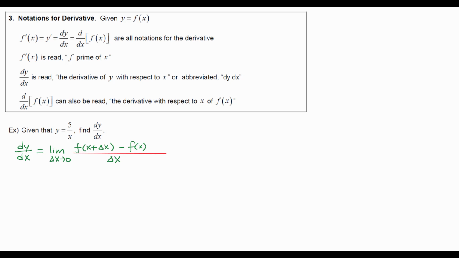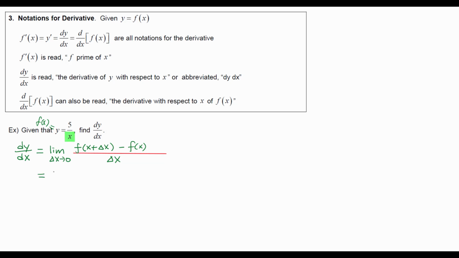So now apply my new input x plus delta x to my function y. Y is your f of x. My function rule is whatever the input is, do 5 over input.